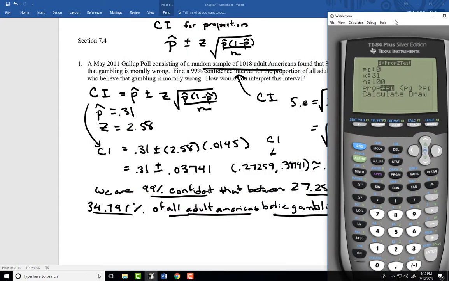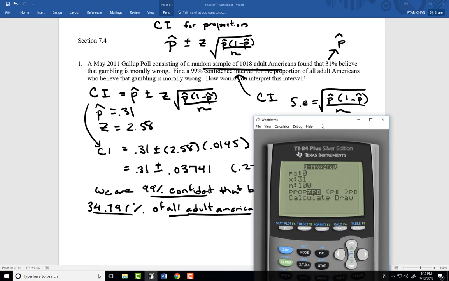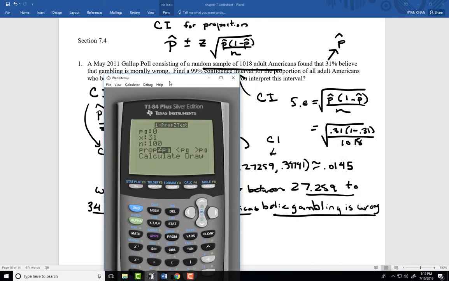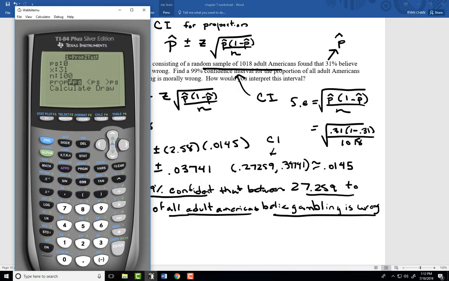Let me explain this tricky one here. Because I gave you a percentage, your bottom number is actually 1,018.